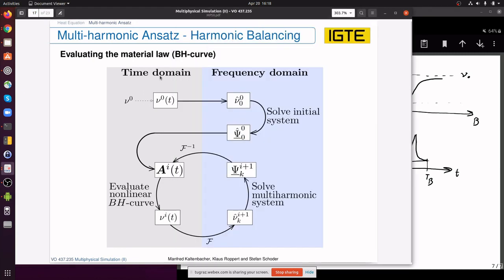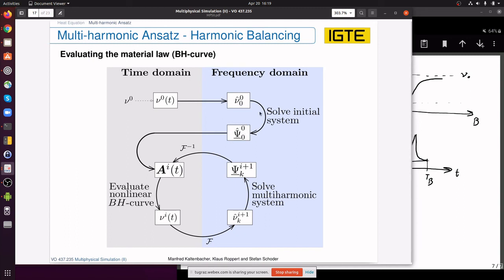So the whole solution strategy looks the following. We're starting with an initial reluctivity, maybe a linear reluctivity, or some secant modulus of the BH curve. We're solving a linear harmonic problem with this chosen initial nu to get our harmonic solution for one harmonic.